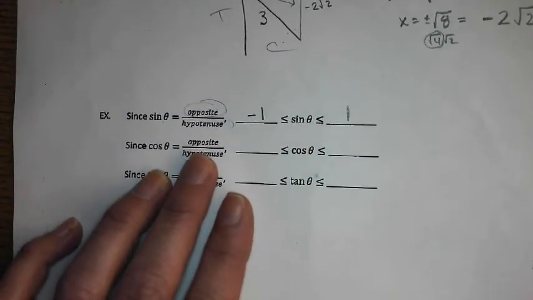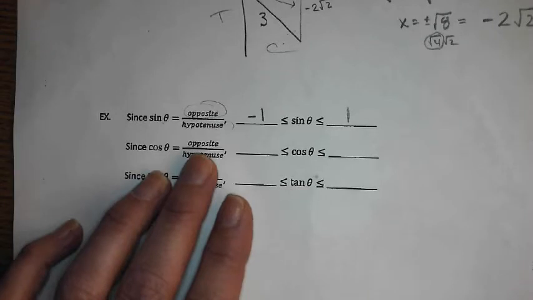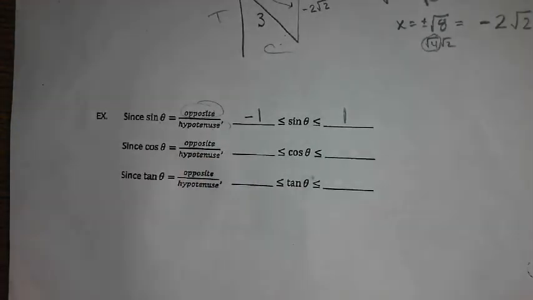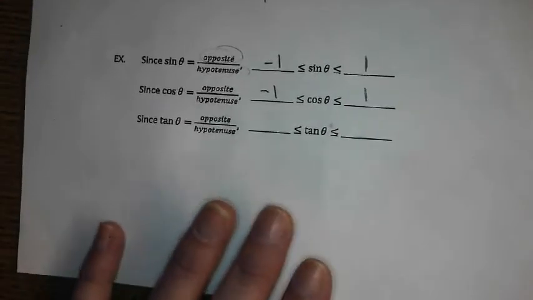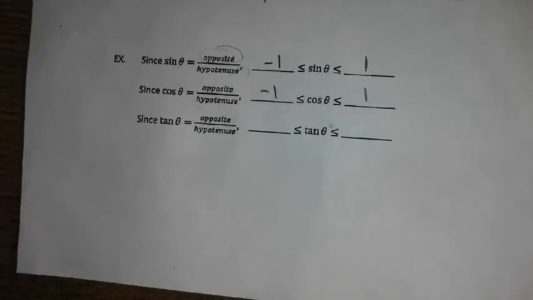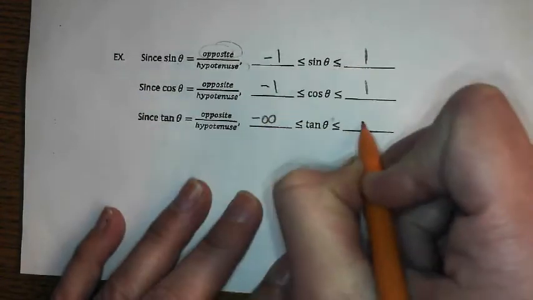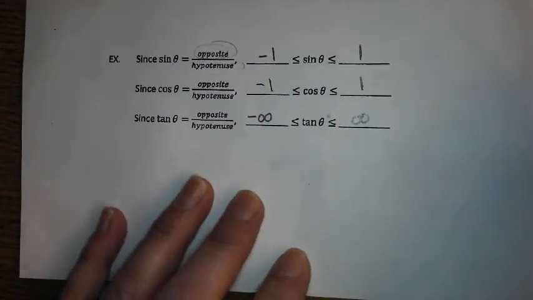So any time you take the sine of a value, you're going to get a decimal, essentially. Might be a negative, might be a positive, but it's going to be something not greater than 1. Same thing with cosine. And do you remember what we said about tangent? Can be anything.